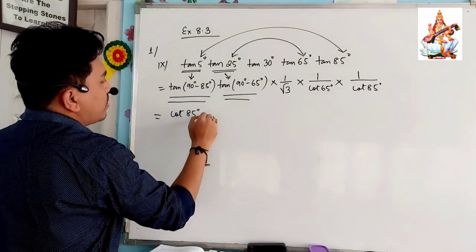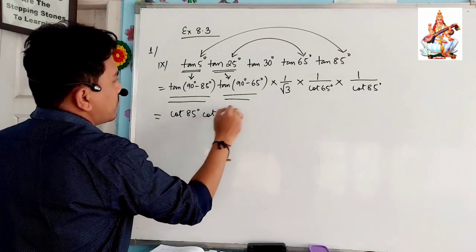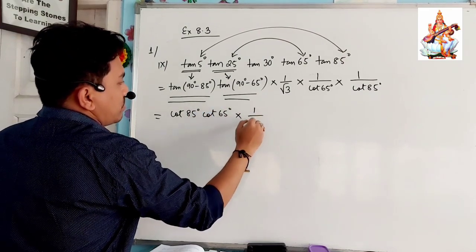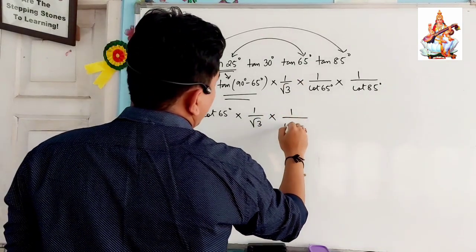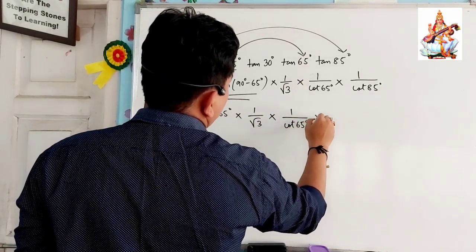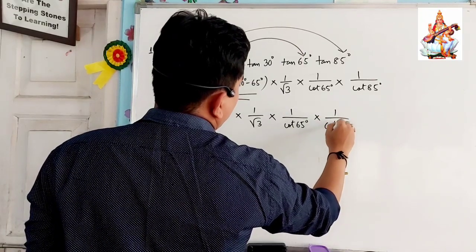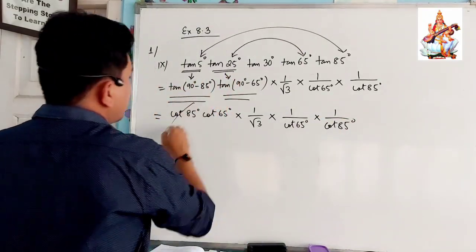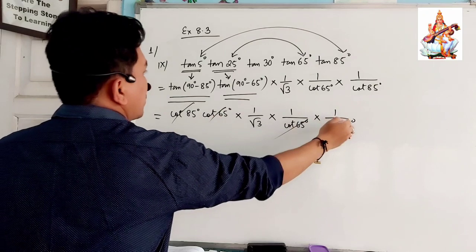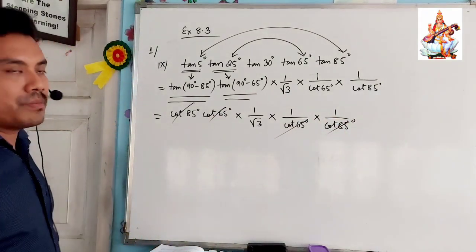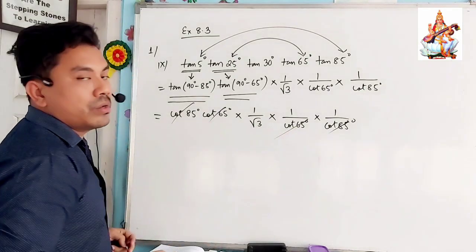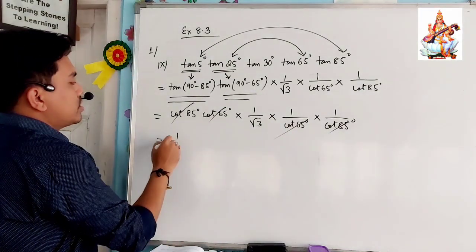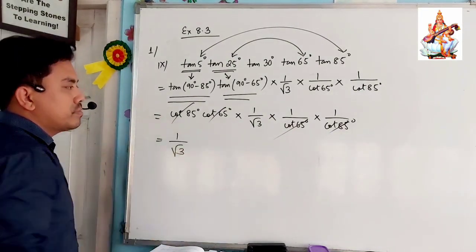Again here it will turn to what? cot 65 into 1 by root 3 into, here what you will get? 1 by cot 65 into 1 by cot 85. So these two got cancelled. Okay, these two got cancelled. Okay, the cancelling part I have done mistake. cot 85 gone, cot 65 gone. Now what will remain now? The answer will be 1 by root 3.